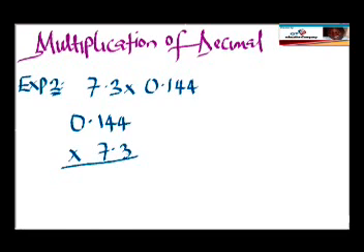So what I'm going to have is 3 times 4 is 12, write down 2 carry 1. 3 times 4 is 12 plus 1, 13, write down 3 carry 1. 3 plus 1 is 4, plus 0 is 0. 7 times 4 is 28, write down 8 carry 4. 7 times 4 is 28, plus 4 again is 32, write down 2 carry 4. 7 times 1 is 7 plus 3, that's 10, write down 0 carry 1. 7 times 0 is 0 plus the 1 you carried, which is 1 here.